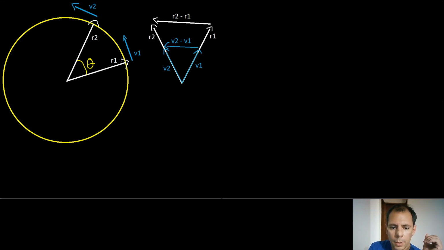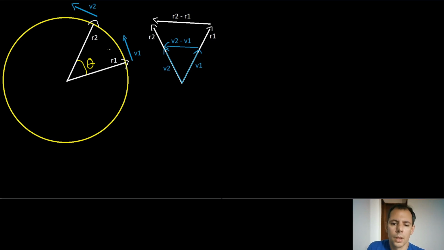Because V1 is perpendicular to R1. So the angle of V1 equals the angle of R1 plus 90 degrees. See the 90 degrees here? And the angle of V2 is just going to be the angle of R2 plus 90 degrees. You can see the 90 degrees here. So if R1 changes into R2 by this theta angle, V1 is going to change into V2 by the same theta angle.